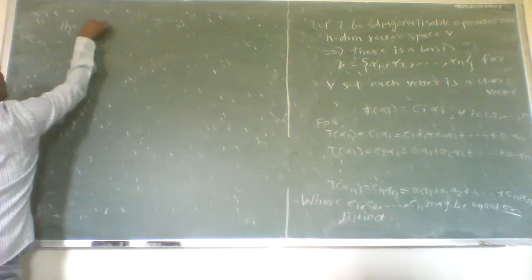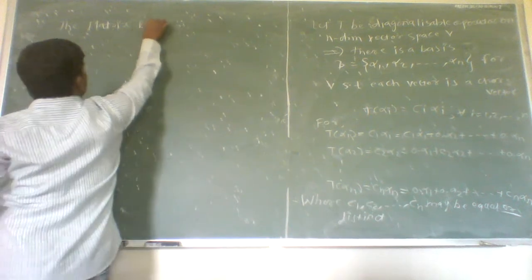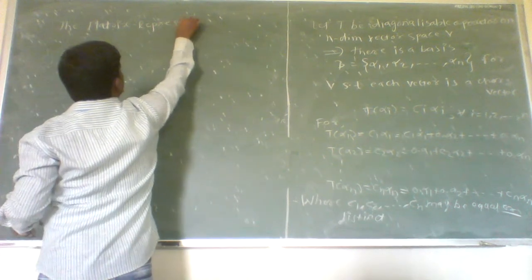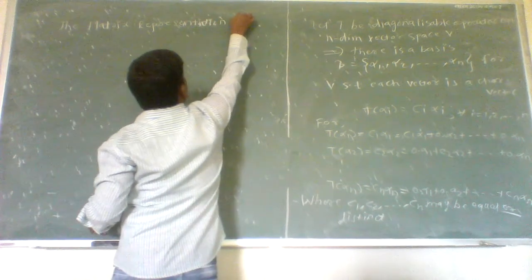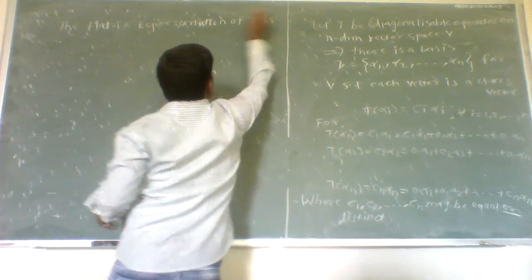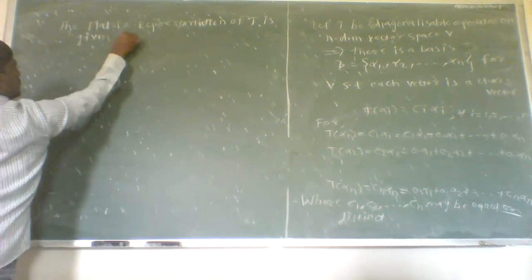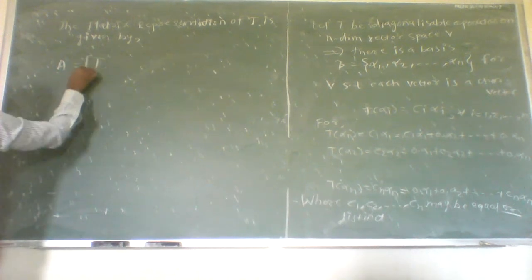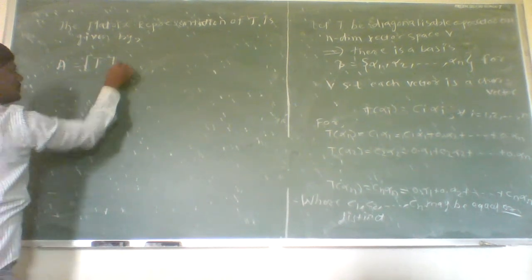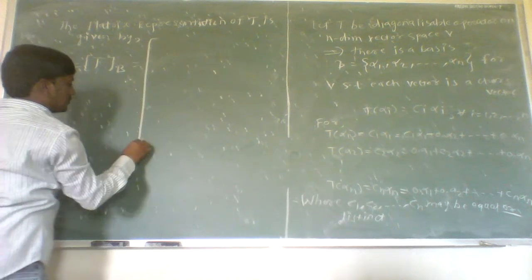Now the matrix representation of the linear operator T is given by, let us call this matrix A. That is, A is nothing but the matrix of linear operator T with respect to the ordered basis B, which is an n cross n matrix.